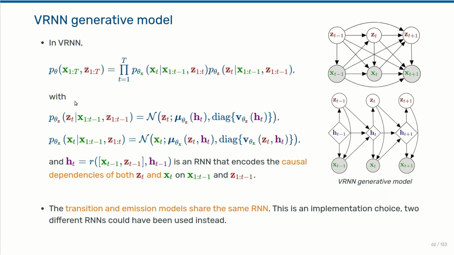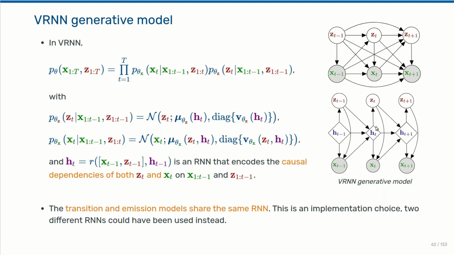Of course, the parameters of these distributions are computed with certain deep architecture. In particular, we assume that both the distribution of the latent code and of the observation are Gaussian distributions. The main difference is that the mean and covariance of the latent code depends on HT, which encodes all the previous information, and the mean and covariance of the observation depends on HT, the very same HT, as well as on ZT.